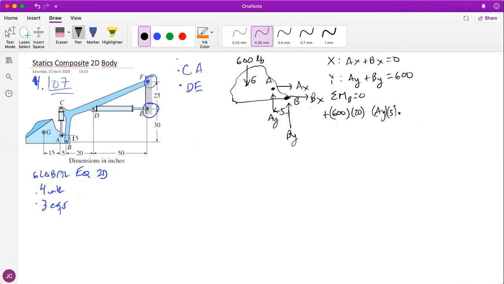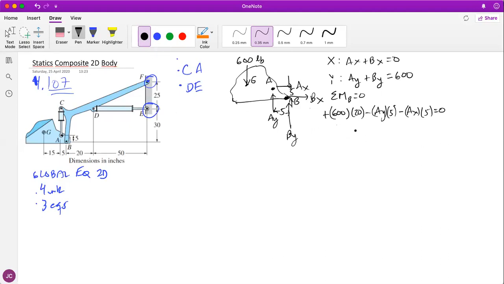Now what I have over here is AX times also 5. This is the 5 that I put over there, and this is a 5 that I will put over there. I think this is a minus, and this AY is also a minus, and it equals 0.